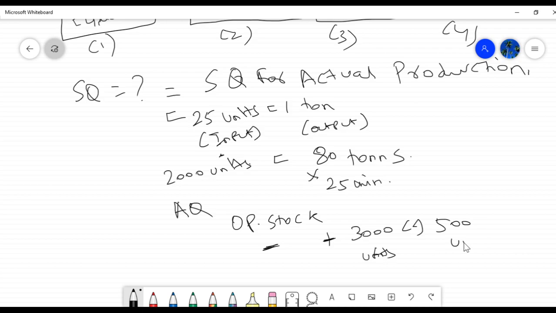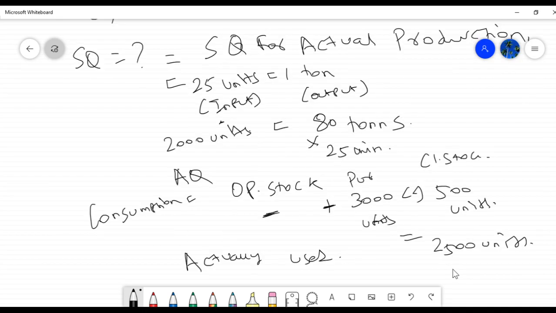Consumption equals opening stock plus purchases minus closing stock. So 3000 minus 500 equals 2500 units. Meaning only 2500 units were actually used. By using 2500 units, what is the finished production you got? 80 tons.